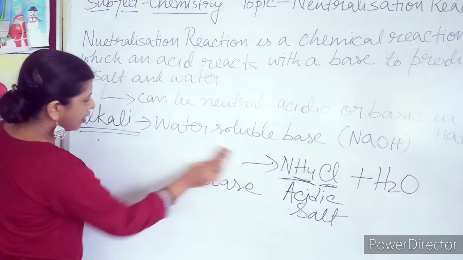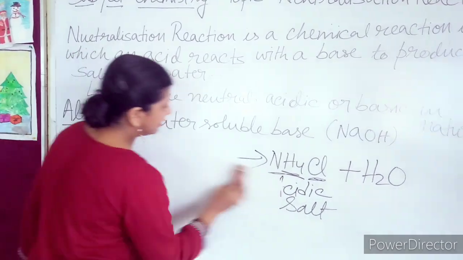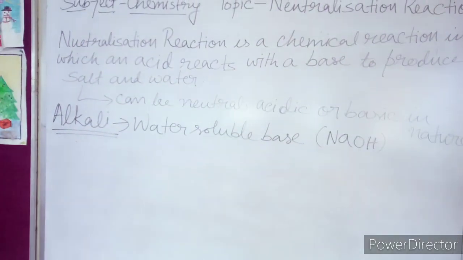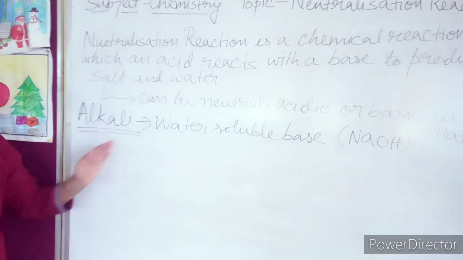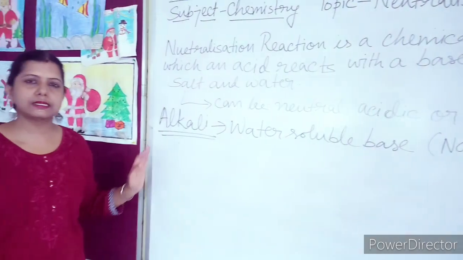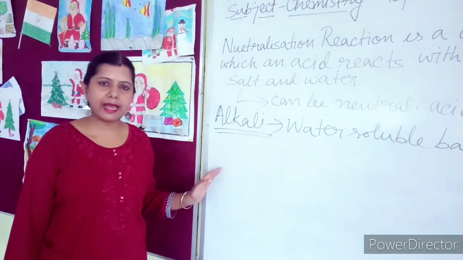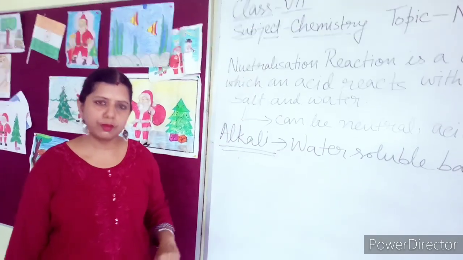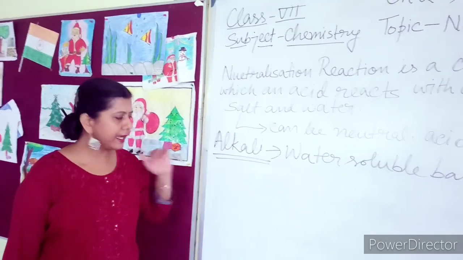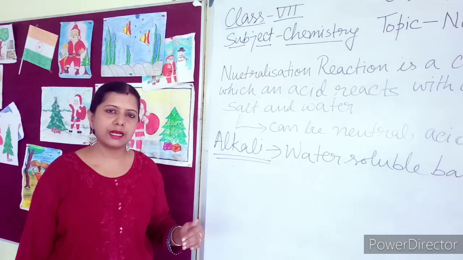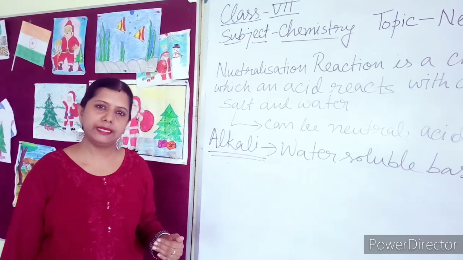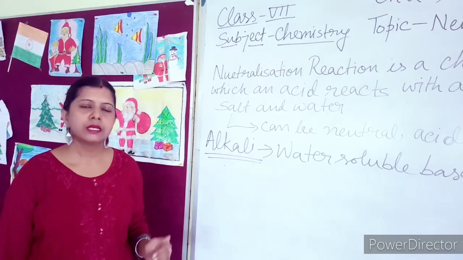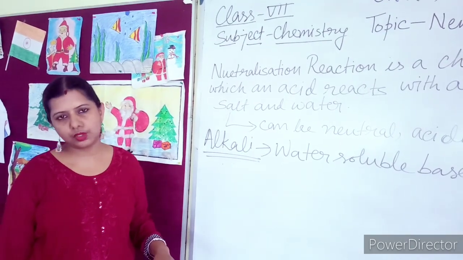As you have learned earlier, if acid is strong, the base cannot neutralize it completely. Similarly, if I react a weak acid with a strong base, then the weak acid cannot neutralize the strong base completely. So in that case, whatever salt will be produced, that will be basic in nature.